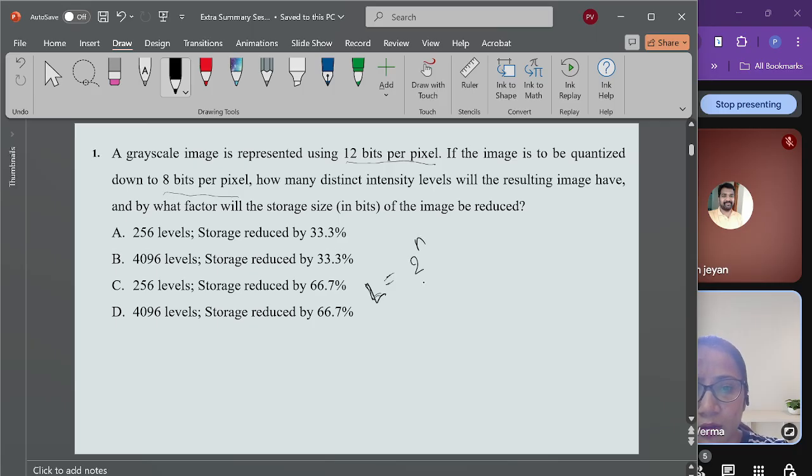Here we have quantized down to 8, so the total number of pixel intensity levels will be 2 to the power 8, which is equal to 256, right? 256 distinct intensity levels.